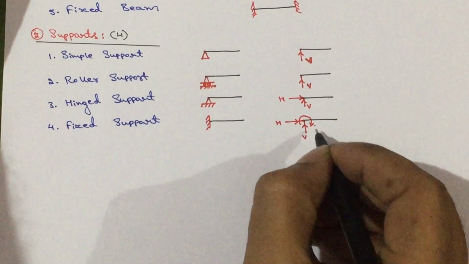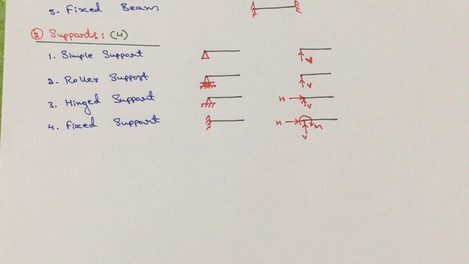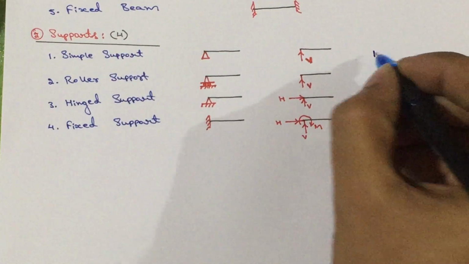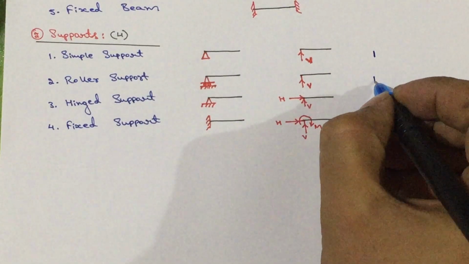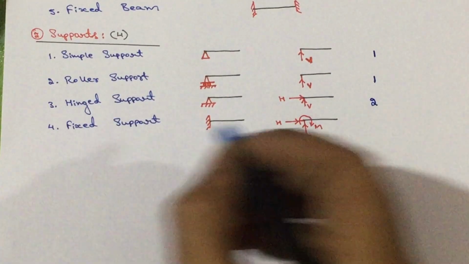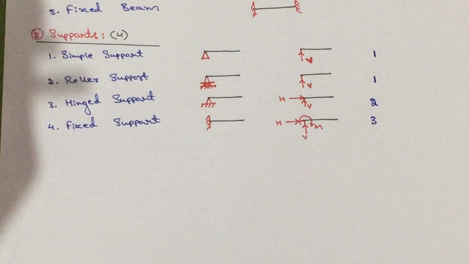Horizontal, vertical and moment. So finally we can say the simple support will be having only one reaction, roller support one reaction, then hinged support will be having two reactions, fixed support will be having three reactions.